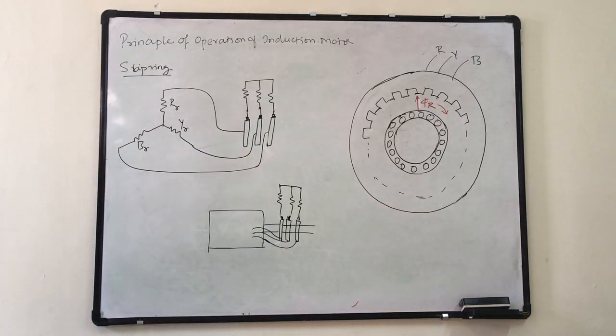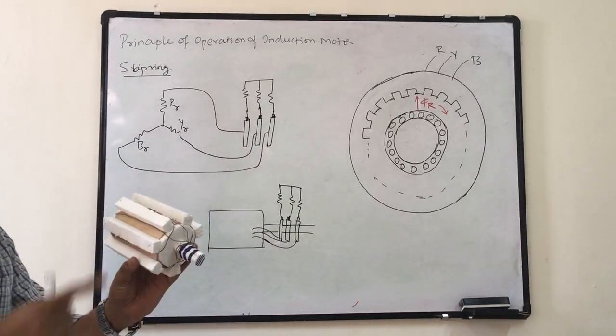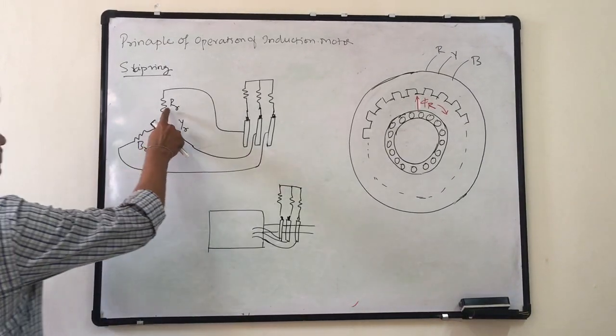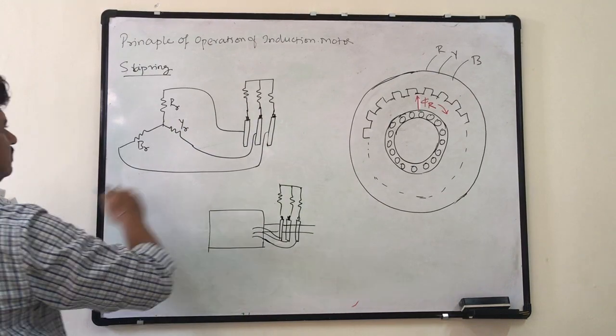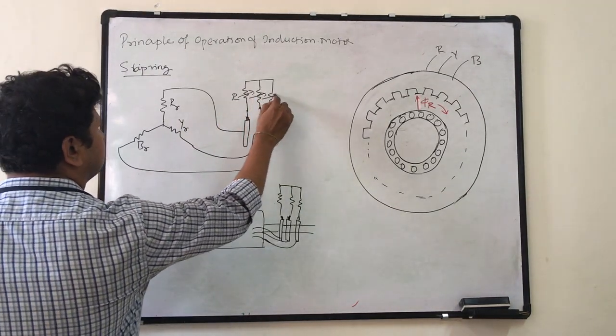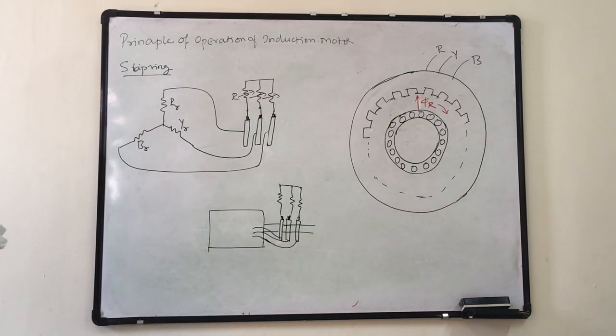Now electrically, is the rotor winding of the induction motor short circuited? Definitely. This R is connected to this R. So electrically this is a short circuited rotor.